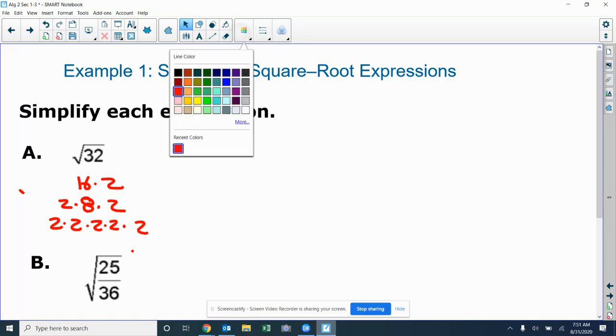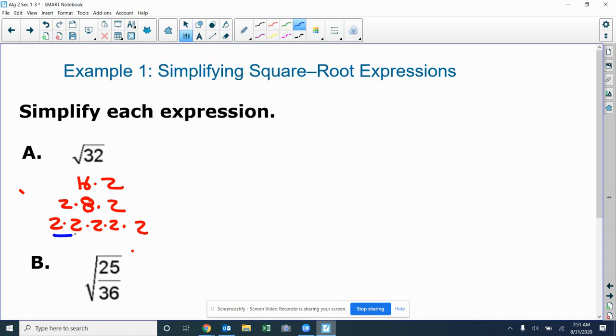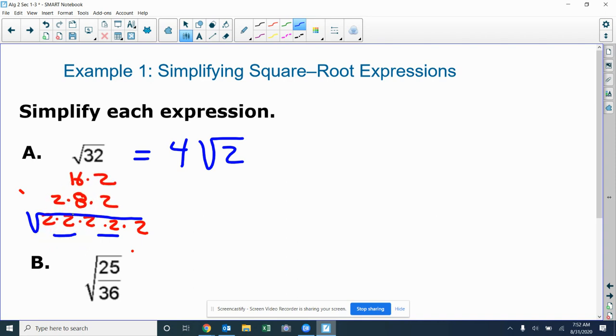Well, we need sets of 2. How many of those are there? 1, 2. So in fact, this is going to be 4 square roots of 2. So this is all under the square root, taking that set out and that set out. There's still one guy left at home that doesn't have a prom date.